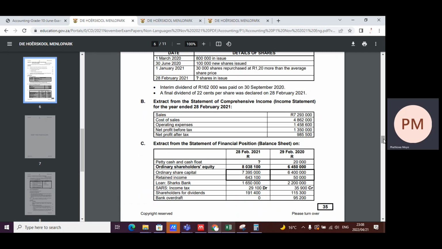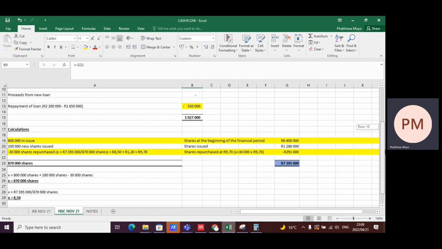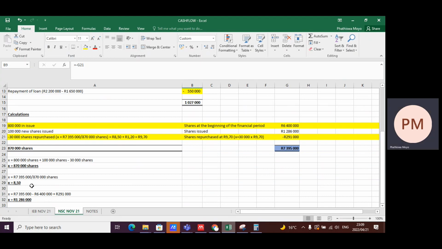The issue price was not given. So meaning, the issue price they used is the one at the end, which is 7,350 divided by.